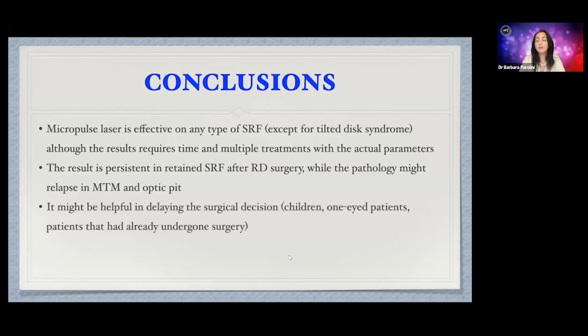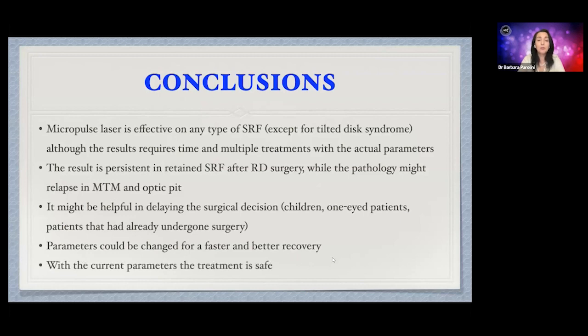But the laser might be helpful in delaying the surgical decision, for instance, in children, in one-eyed patients, in patients that already had a surgery. The parameters maybe could be changed to obtain a faster and better recovery. But with the current parameters, the treatment is safe.